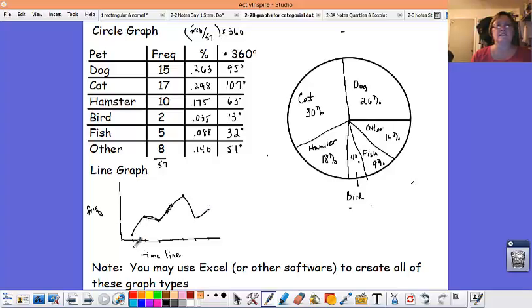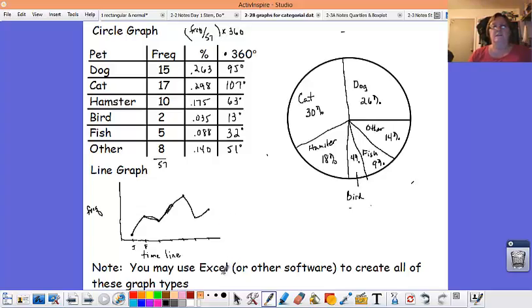But what we're saying, if this was January and this was February, for example, it doesn't mean that it grew at a steady rate from January to February. It just means that at the end of whenever we read it in January, it was down, but when we read it in February, it was up. Again, this is not showing the change day by day by day. It's showing an average change over a period of time.